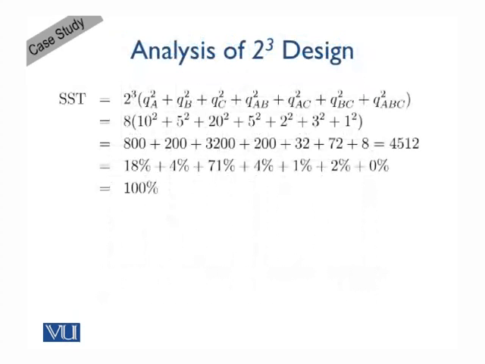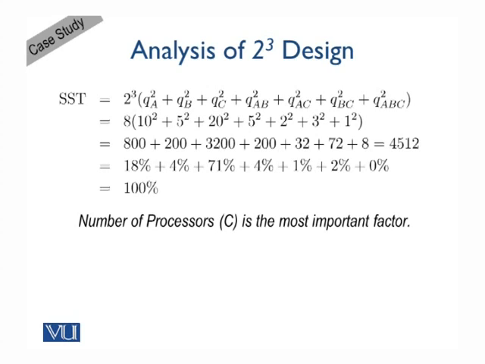So for that, we calculate SST, the total sum of squares, and we then allocate proportions of this to individual factors, the two-way interaction and the three-way interaction. Doing that, we see that number of processors, the factor C explains 71% of the variation, and because of that, we can conclude safely that this is the most important factor.